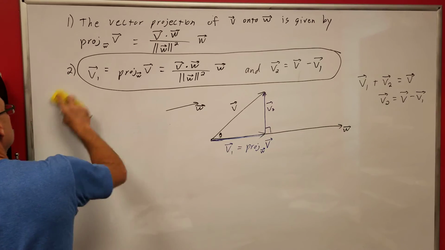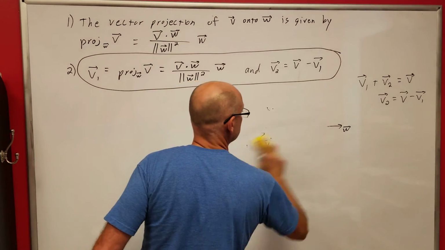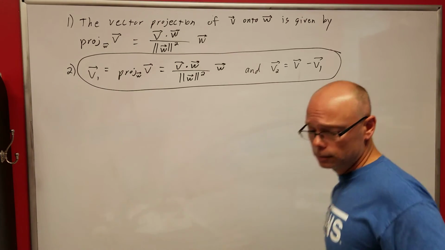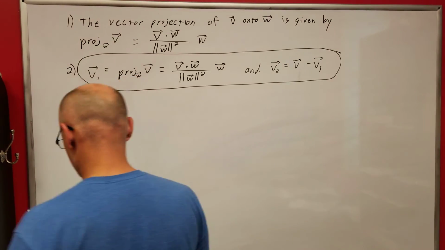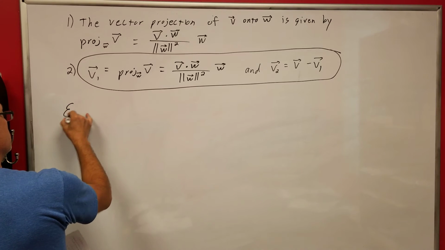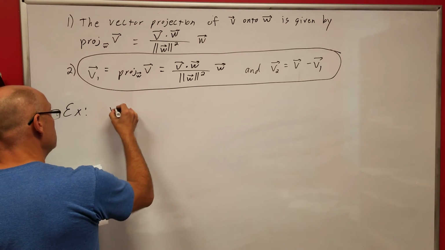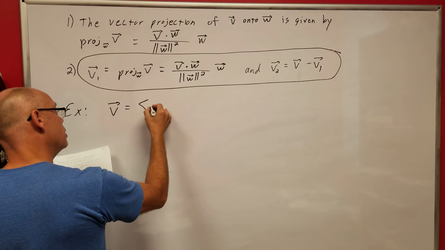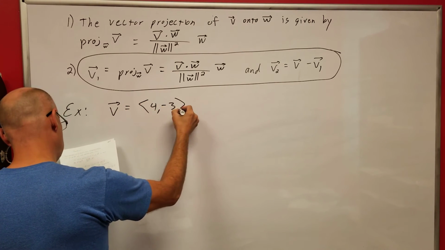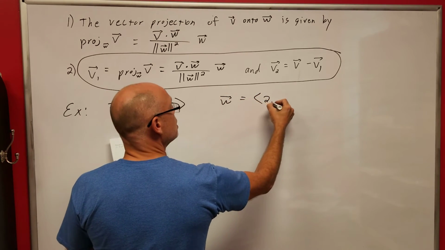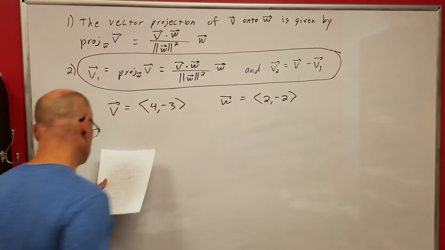Well, let's see. Let's erase all this, get it out of the way, and look at our example. Our example reads, given vector v with components 4, negative 3, and vector w with components 2, negative 2, what does it want me to do?